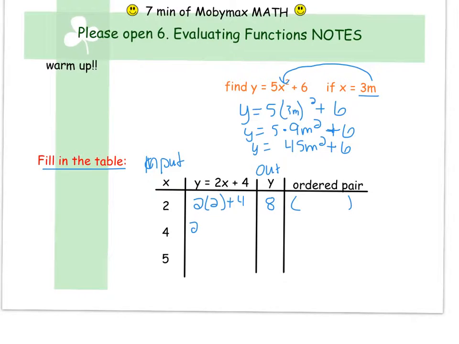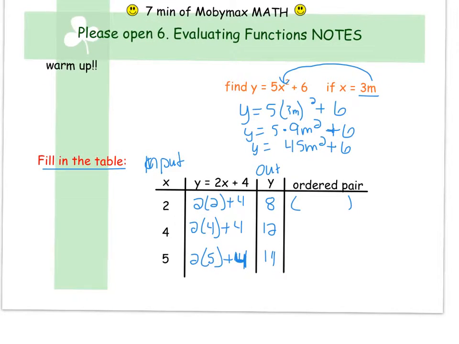When we plug 4 in for x, we get that y is 12. When we plug 5 in, we get 14.